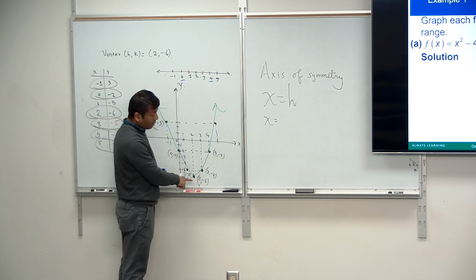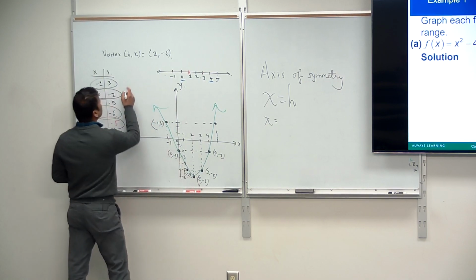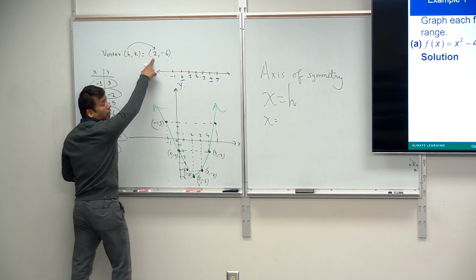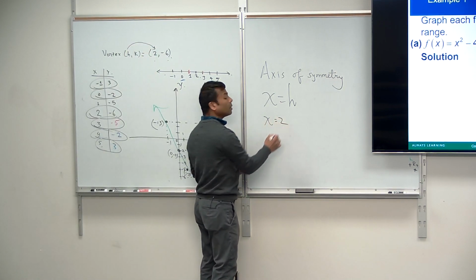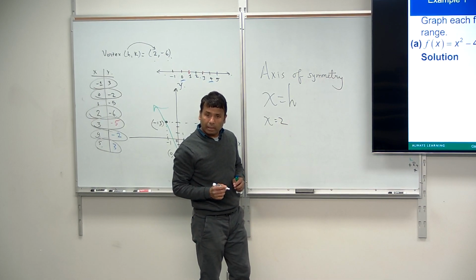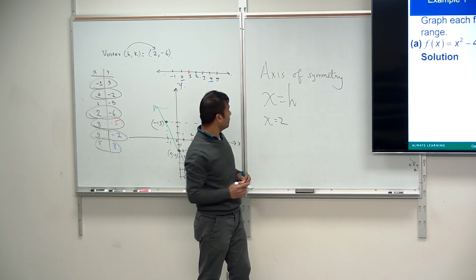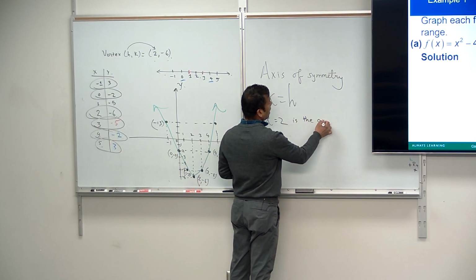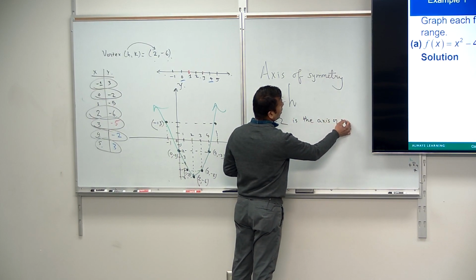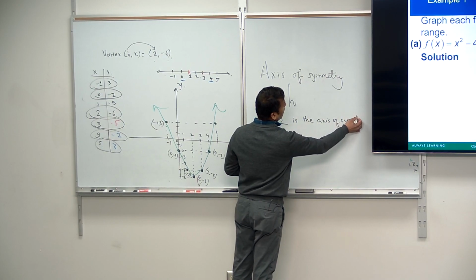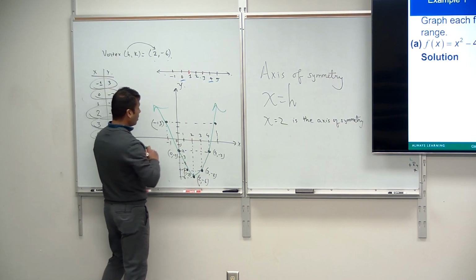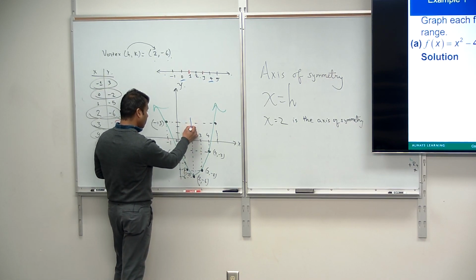What is the x value of the vertex? You guys know that, right? Because the vertex is 2 comma negative 6. What is the value of h? 2. So x equal to 2 is the axis of symmetry. Now you see, this line is the axis of symmetry.